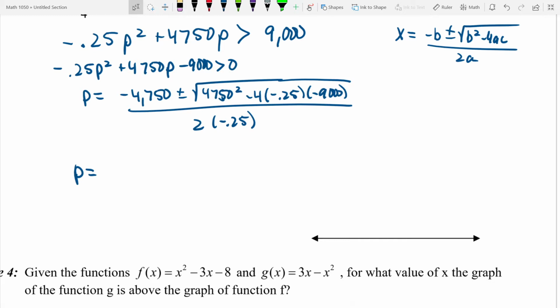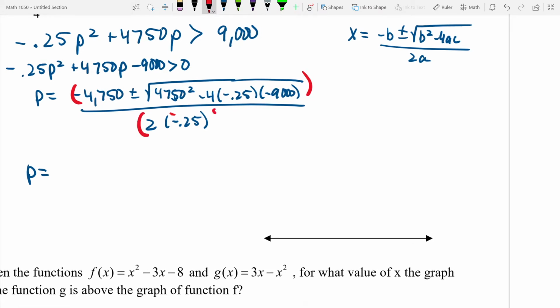Okay, the rest of you, what we need to do, guys, is add parentheses around the top and parentheses around the bottom. So you go parenthesis, negative 4750 plus the square root of 4750 x squared minus 4 parenthesis, negative 0.25, close it, new parenthesis, negative 9,000.